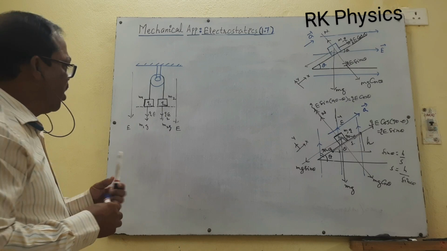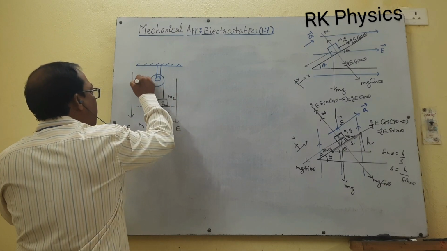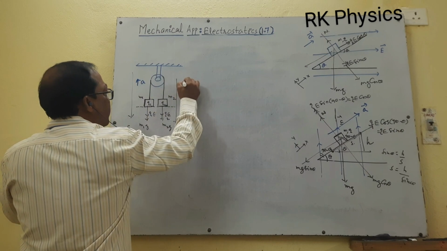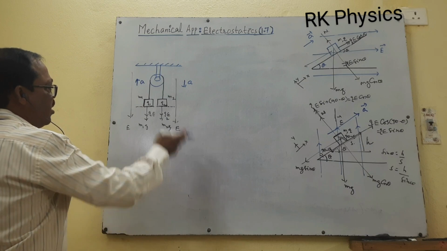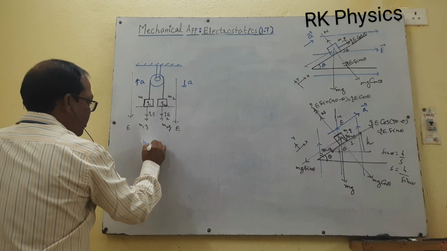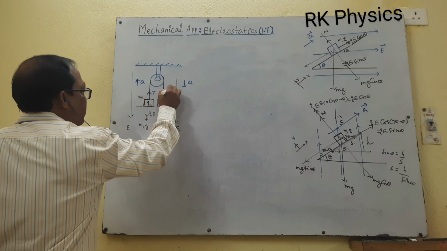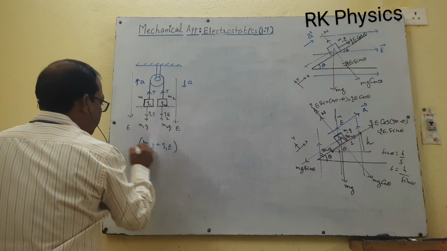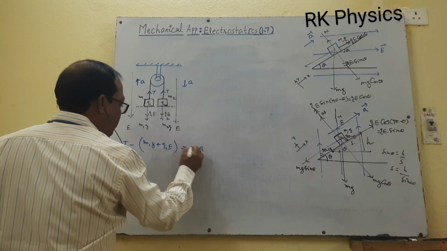If we observe this pulley system, suppose m1 is moving up with acceleration a, m2 is moving down with acceleration a. Then for m1 you write T minus (m1g plus q1e) equal to m1a.